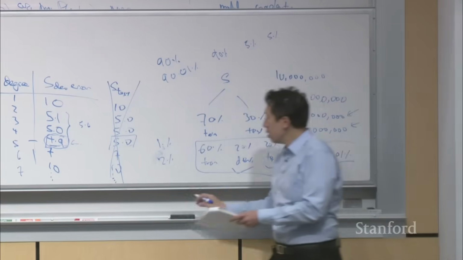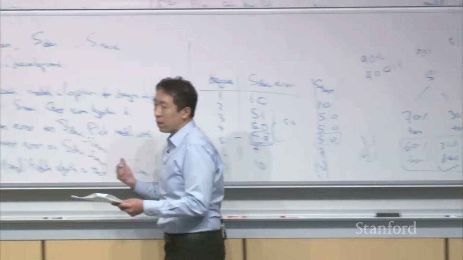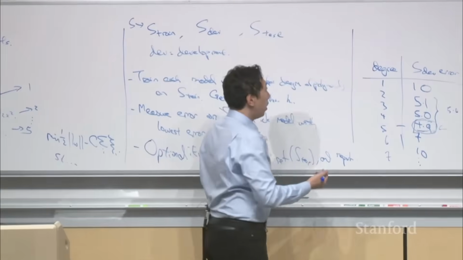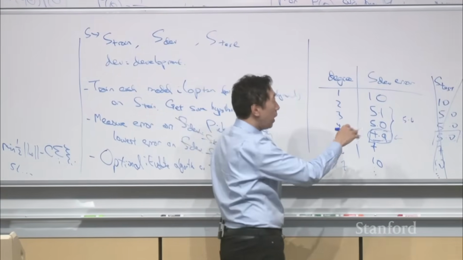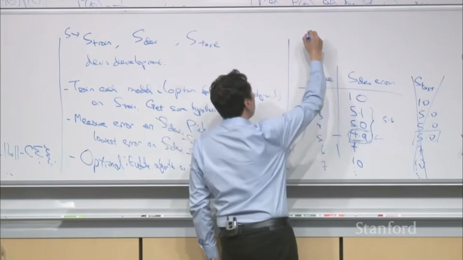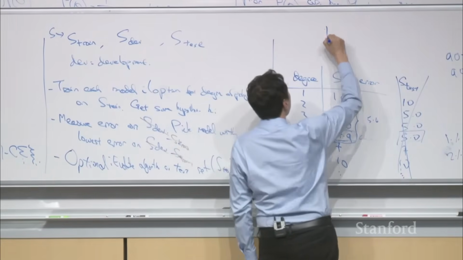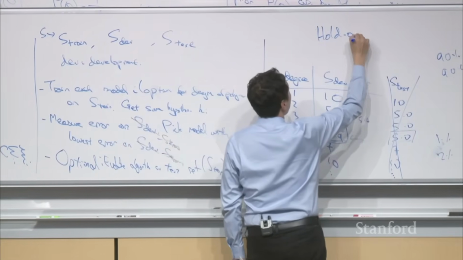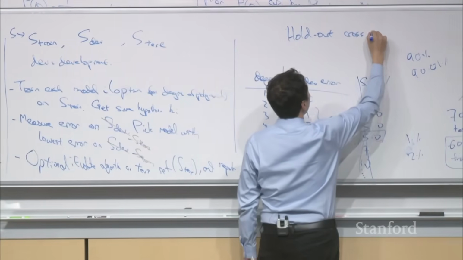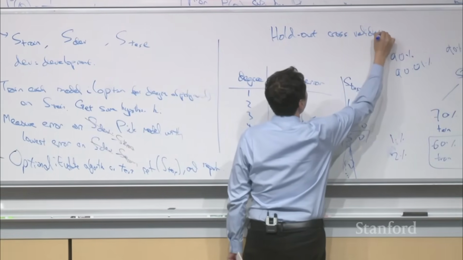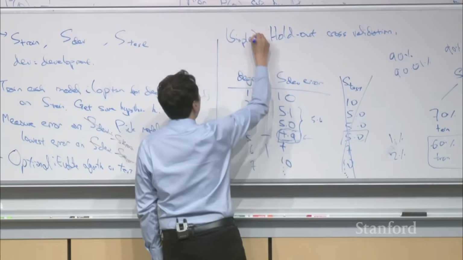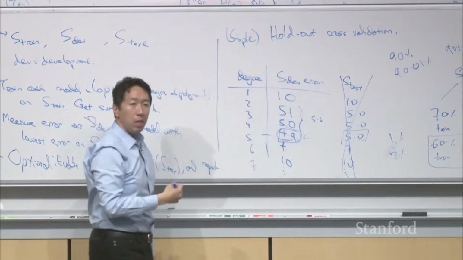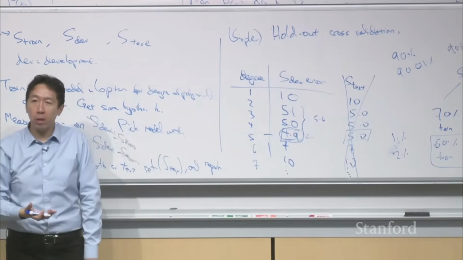Cool. All right. Just to give this whole procedure a name, what we just did here between the train and dev set, this procedure that we have is called holdout cross-validation. And sometimes, to distinguish this from other cross-validation procedures we'll talk about in a minute, sometimes this is called simple holdout cross-validation.